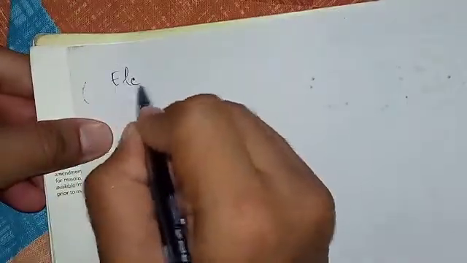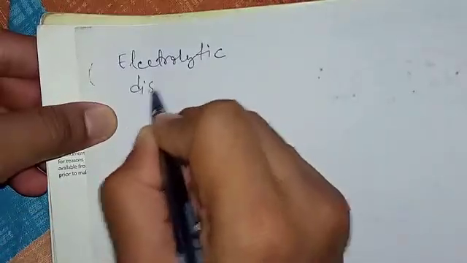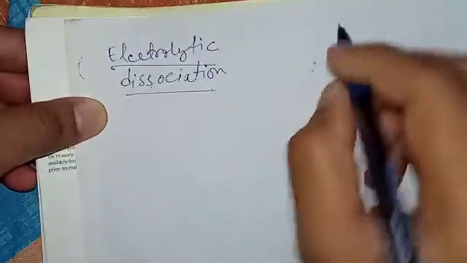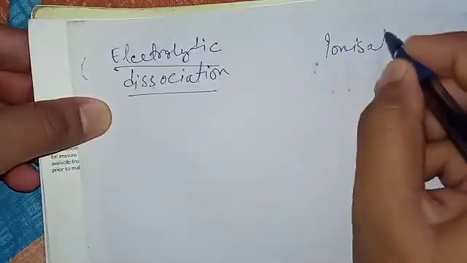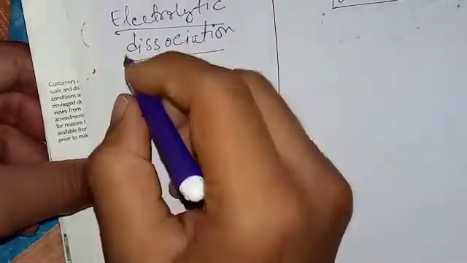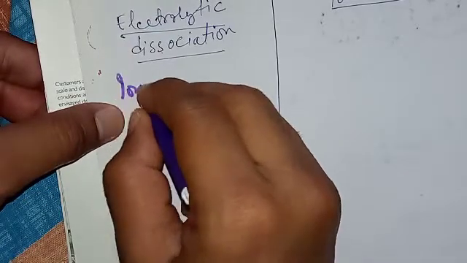Now let us try to understand the difference between electrolytic dissociation and ionization. It's very simple. If you have understood the concept, you can write the answer by yourself. Electrolytic dissociation takes place in ionic compounds only.